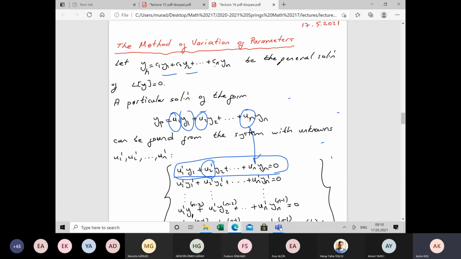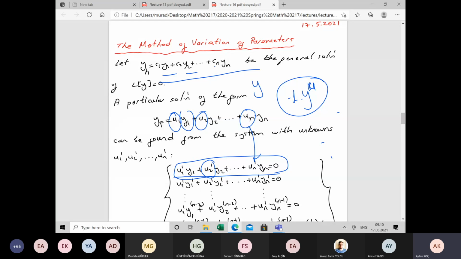But be careful. For this method, our differential equation should be in standard form. Standard form means the coefficient of the highest derivative, for second order y double prime, should be 1, and this holds for a differential equation of order n.